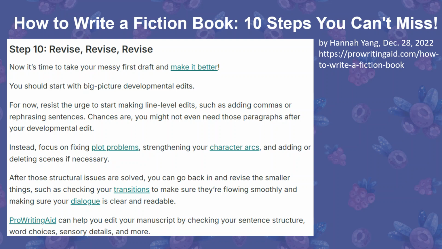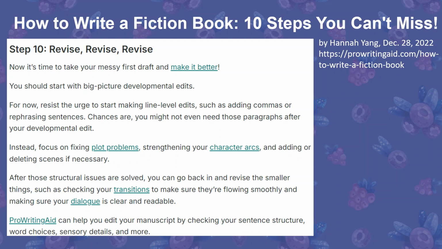And you also should make an article about line level edits, because although you say, such as adding commas or rephrasing sentences, that's not all that line level edits are. Because right now I have my manuscript back from my line editor, and I am currently going over the line edits, and it really isn't all about adding commas and rephrasing sentences.